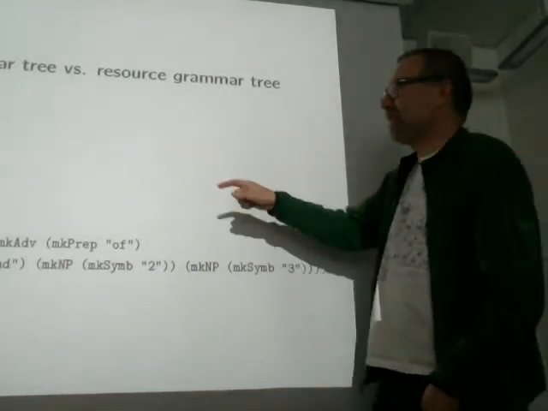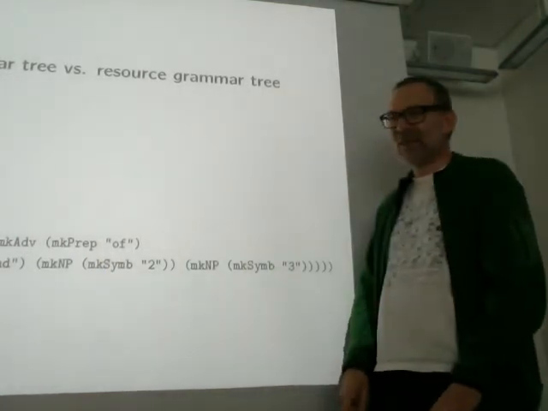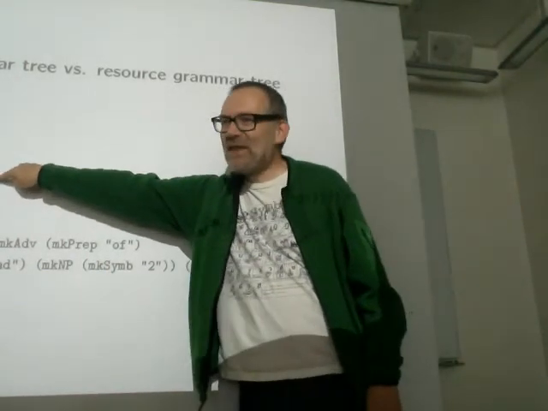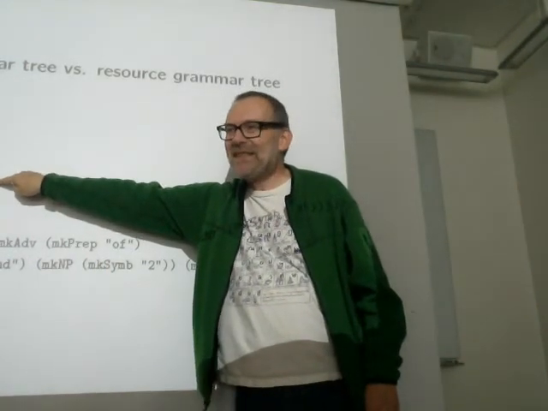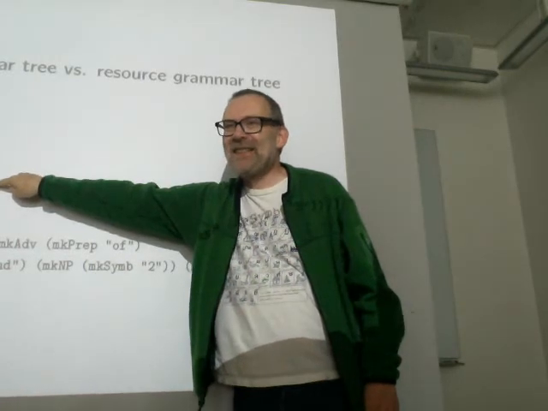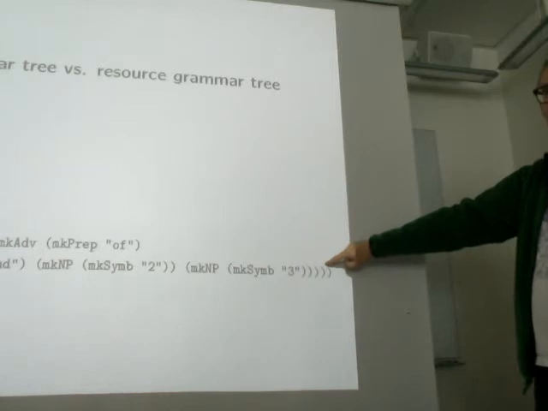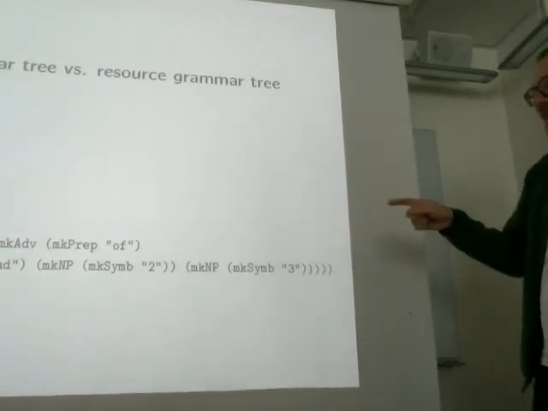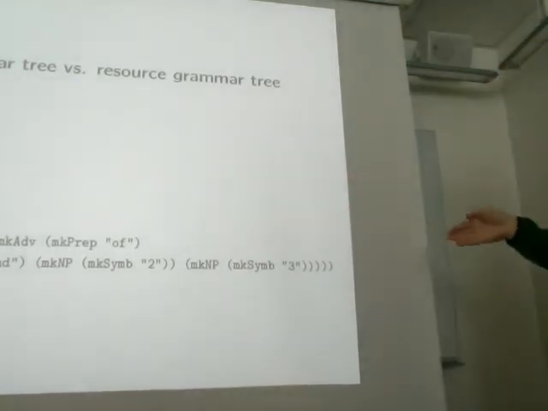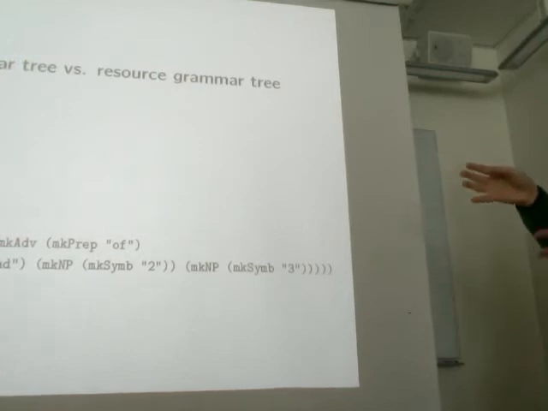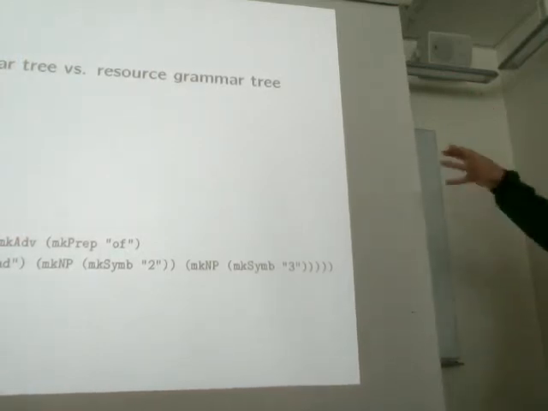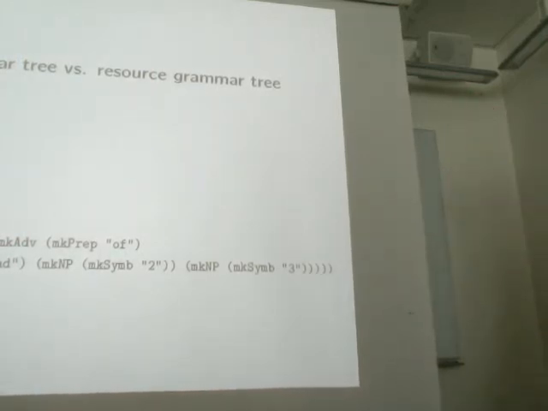So going back to the sum of 2 and 3, in our application grammar, which was this little compiler, the abstract tree is like this, but in the resource grammar it looks like this. You can have some kind of coordination and things that you build on top of that using prepositions and so on.